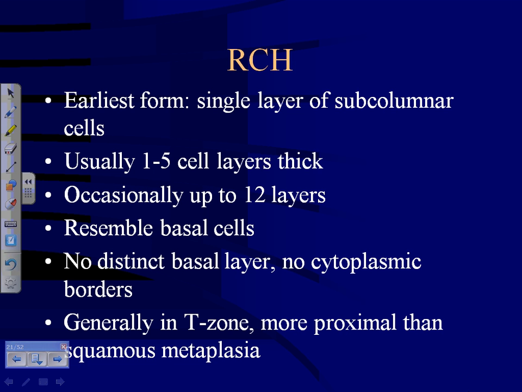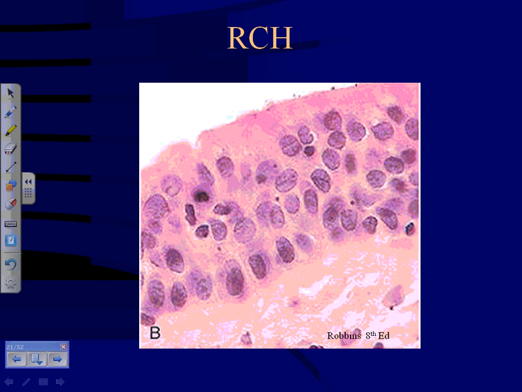Generally, it's at the transformation zone, just like squamous metaplasia is, and tends to be more proximal in the endocervical canal at the transformation zone. So in other words, it's higher up in the endocervical canal. When I say more proximal, it means higher up in the canal than squamous metaplasia. And to be honest, often reserve cells and squamous metaplasia are seen together, okay? And I'll show some pictures of that.